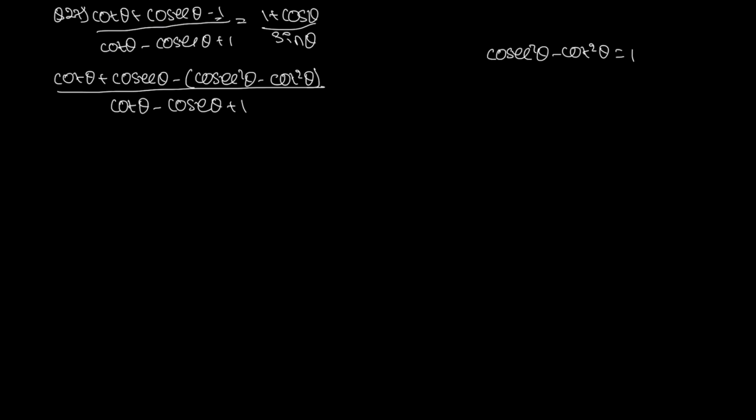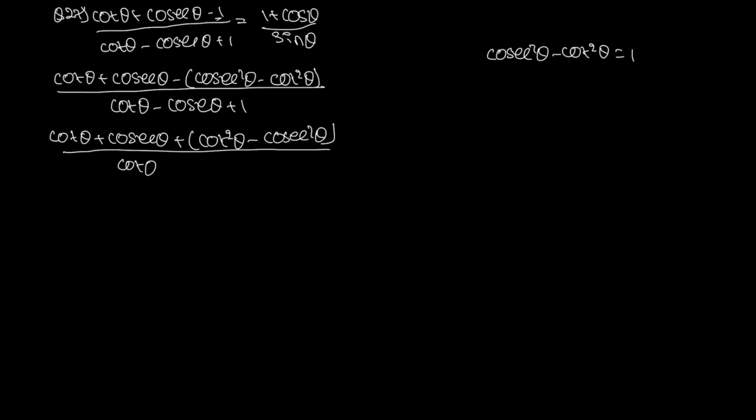And multiply this negative sign to the terms which are inside the bracket. We'll get cot theta plus cosecant theta plus cot square theta minus cosecant square theta. And if we observe this, it is in the form of A square minus B square, which is, what is that? Cot square theta minus cosecant square theta. It is in the form of A square minus B square. Let's expand that in that form.